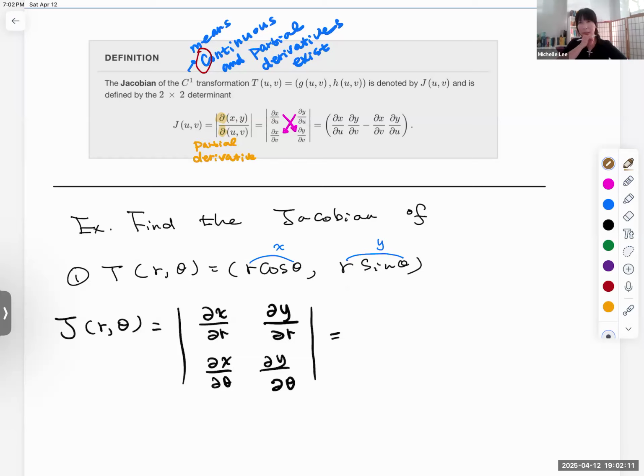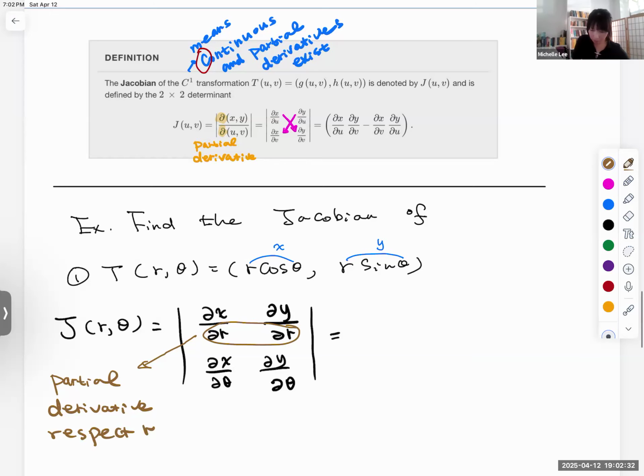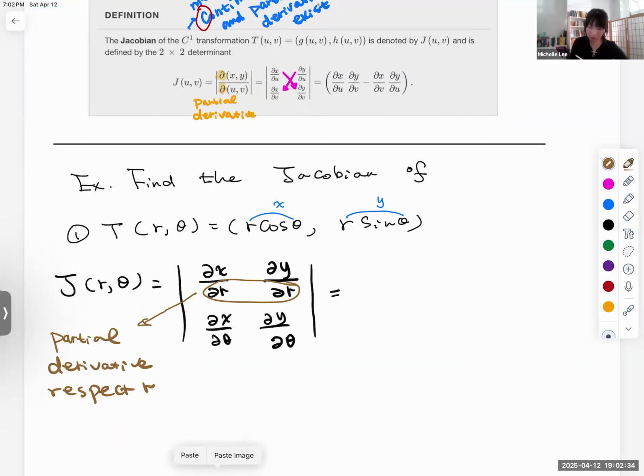Partial derivative with respect to r means treat theta as constant.